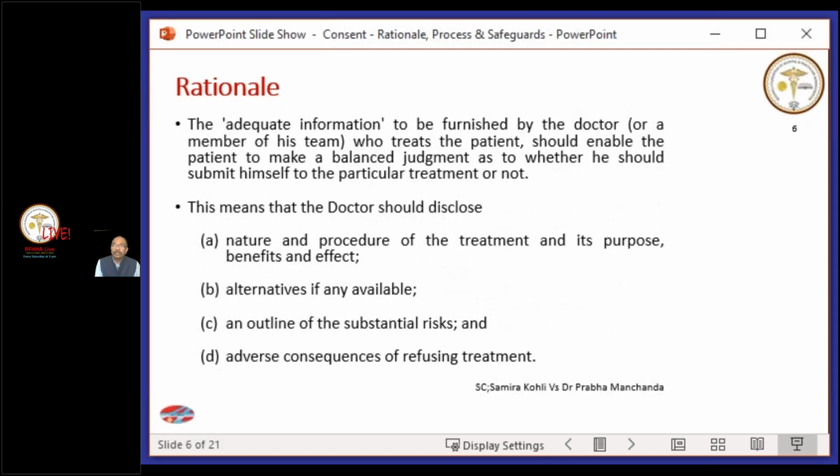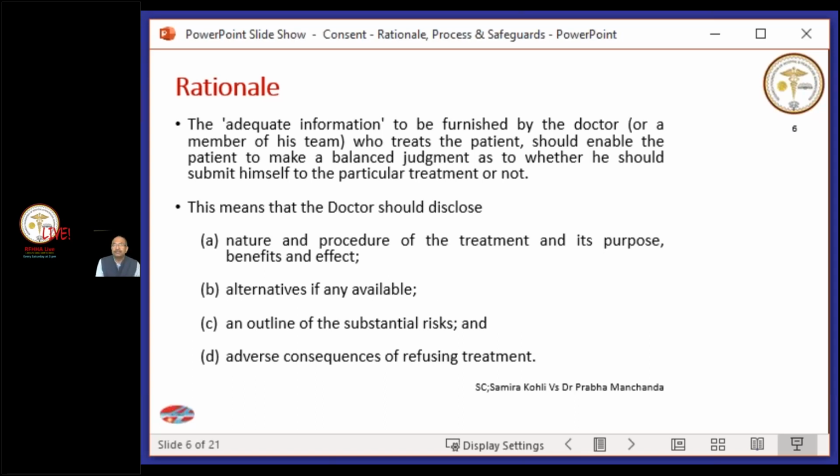The adequate information is required to be furnished by the doctor or by a member of his team. So this term, by a member of his team, is also used in the Supreme Court judgment. So this is as sacrosanct as the judgment of the Supreme Court. The adequate information furnished by the doctor or a member of his team who treats the patient should enable the patient to make a balanced judgment as to whether he should submit himself to a particular treatment or not.